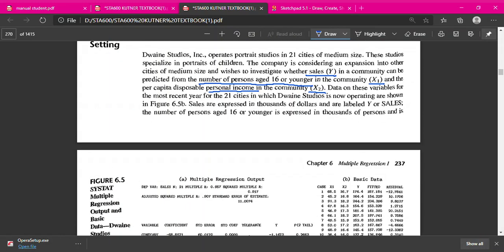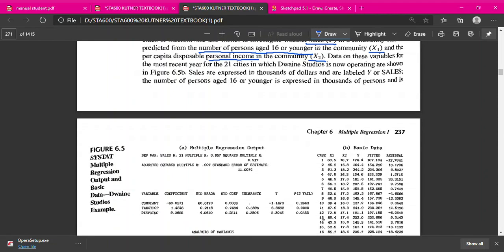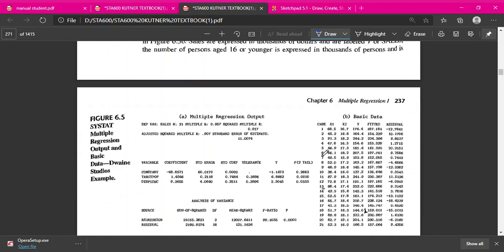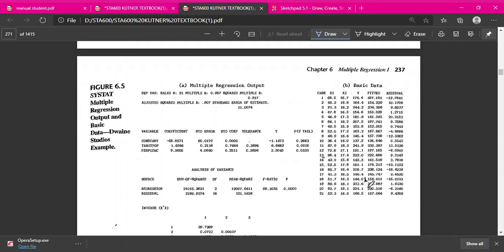Data on this variable for the most recent year for the 21 cities in which Dwayne Studios is now operating is shown in figure 6.5b. Okay, so this is the data actually. This is X1, X2 and also Y. This is all the data. We have 21 observations.